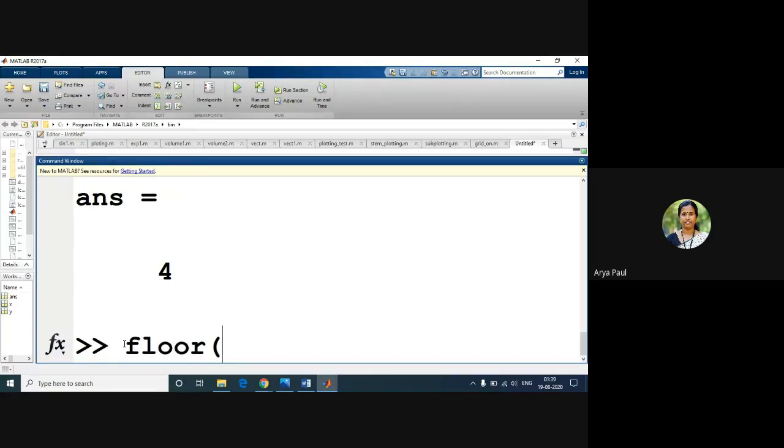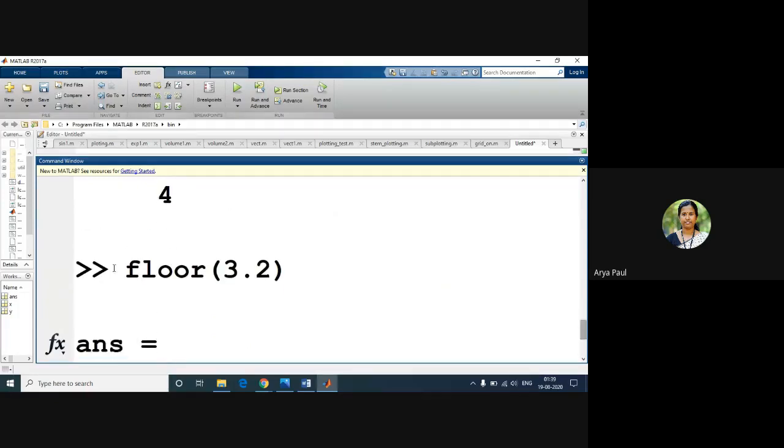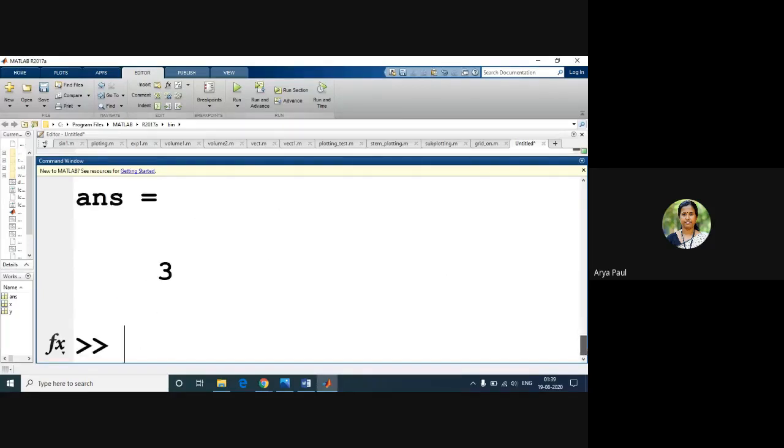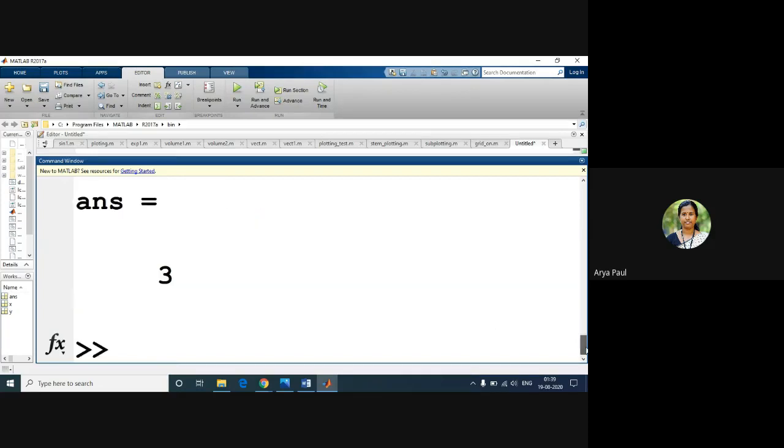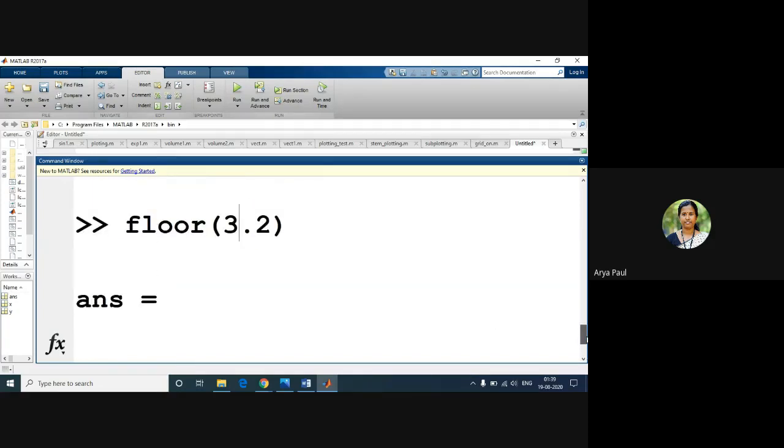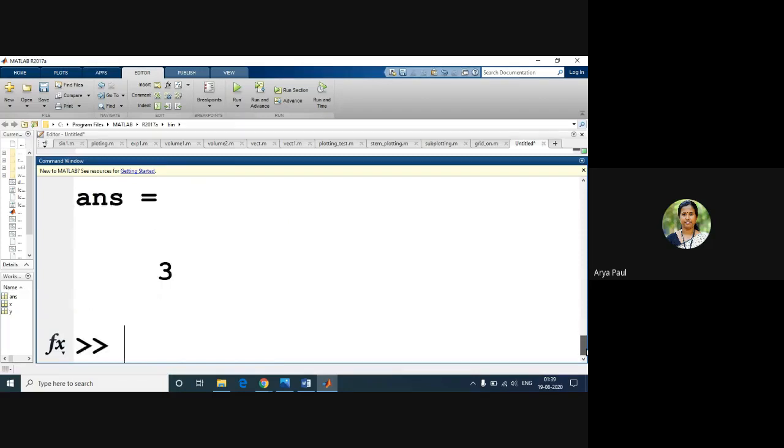Floor of 3.2. If you type floor of 3.2, the answer will be 3. It is a rounding, but rounding to the nearest lowest integer. The nearest lowest integer is 3, so floor of 3.2 means 3.